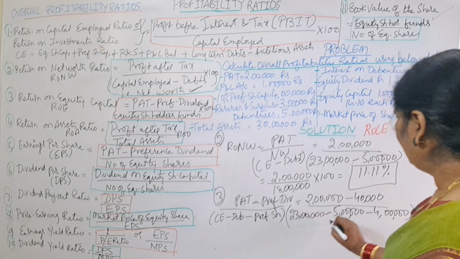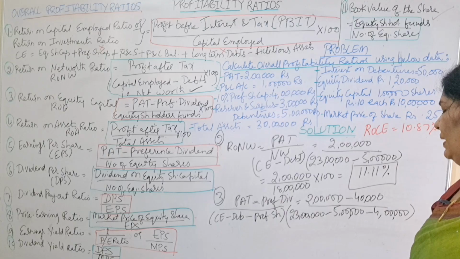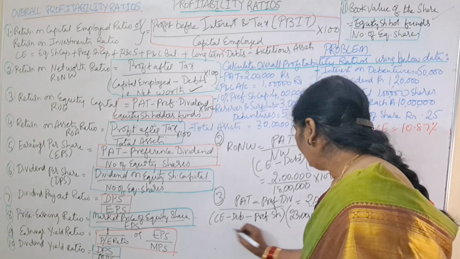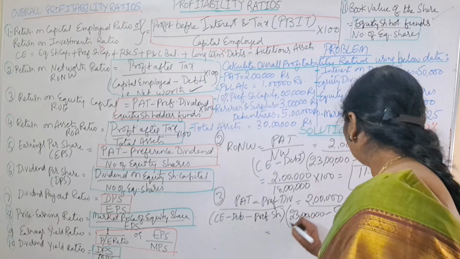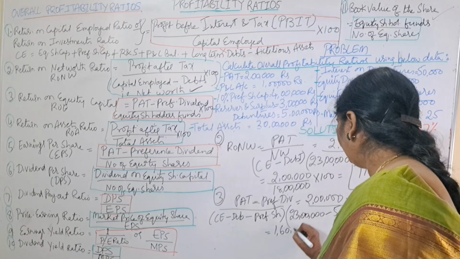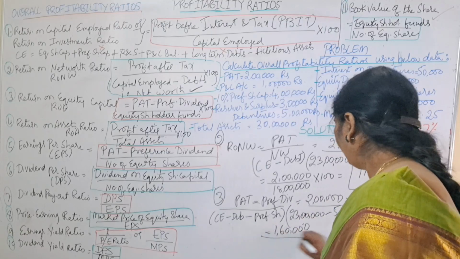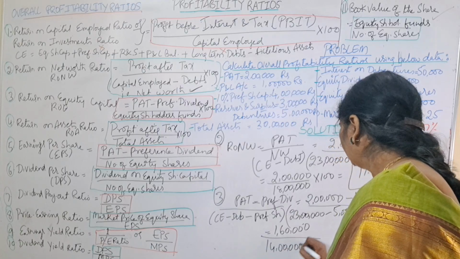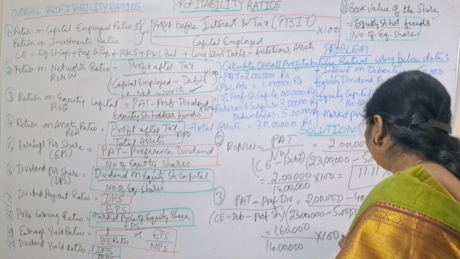23 lakhs minus 9 lakhs means you will get 14 lakhs. So here I am writing that amount, 1,60,000 divided by 14 lakhs into 100.